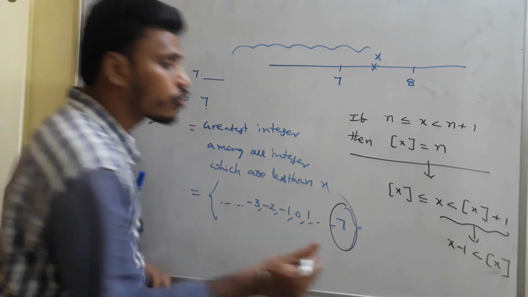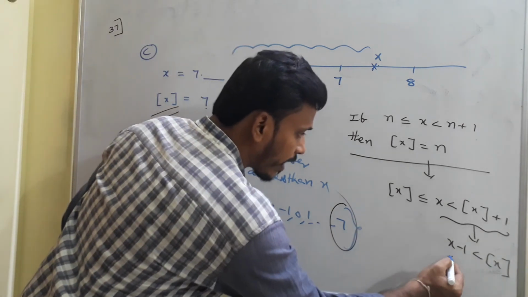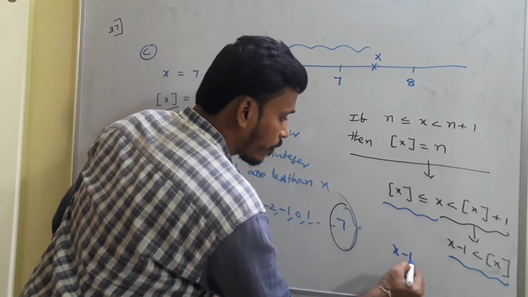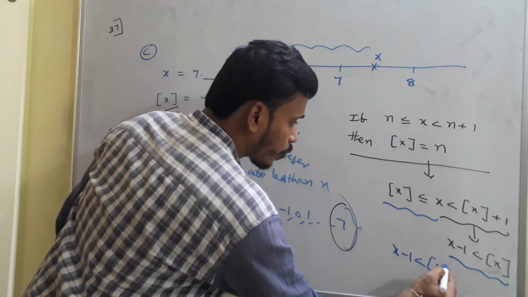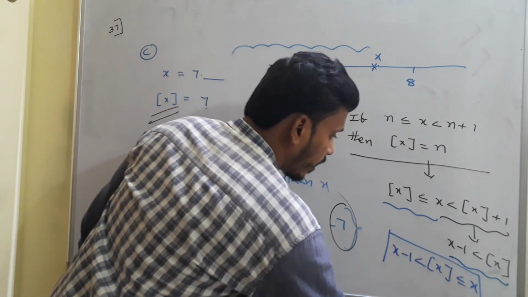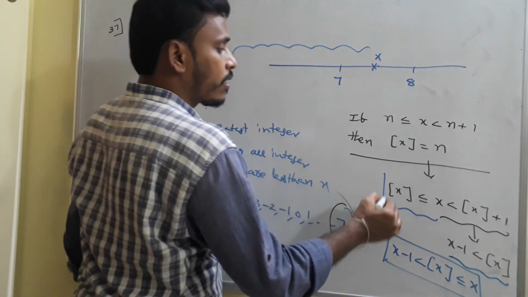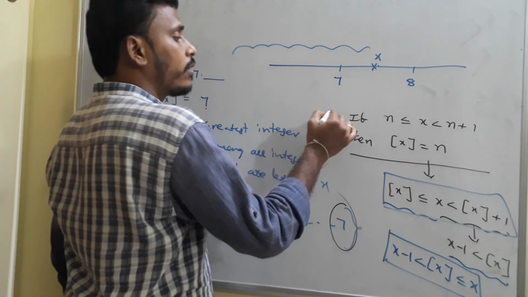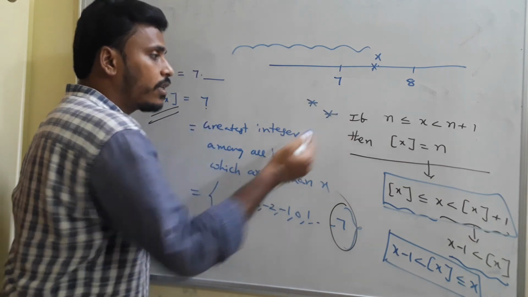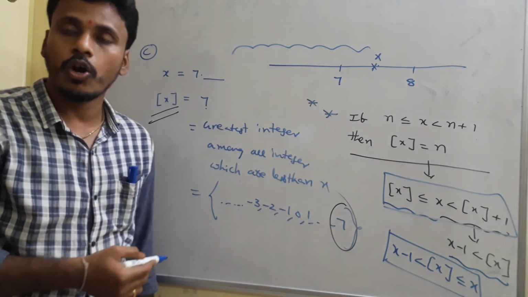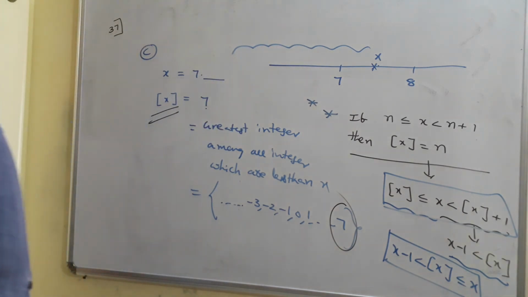When you combine these two, x minus 1 less than step x as well as step x less than or equal to x, we have one more idea: x minus 1 less than step x less than or equal to x. So this is one inequality as well as this is another inequality. Both these inequalities depend on this fundamental definition, and you will get a clear idea of this definition when you think about this example. Okay, just have a look. That's about step x and fractional part of x.